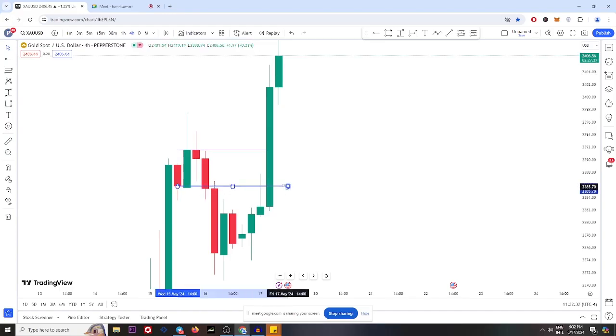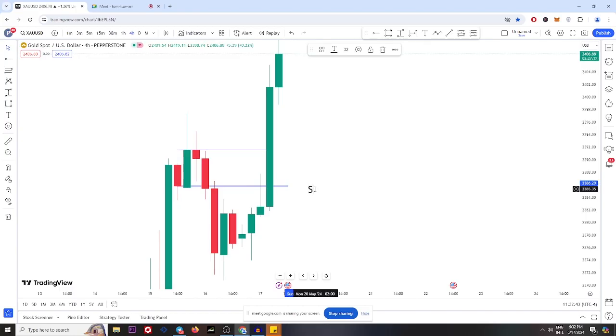Similarly, when we have this resistance, and it is broken here, it becomes a support. So these are the two terms: support become resistance, resistance become support. Now we know the A level, the V level, the gap level, and also RBS and SBR.